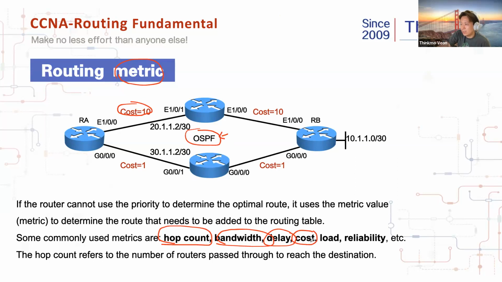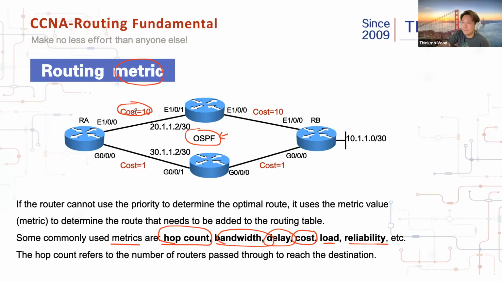All these, cost, load, or reliability, are used to measure the metric of the dynamic routing protocol. So the router will base on all these values to define the metric of the route. It will select the better route based on the metric value. So still, the lower, the better.